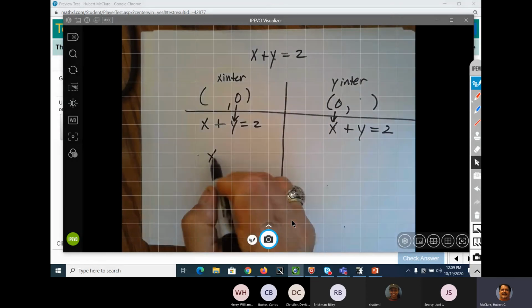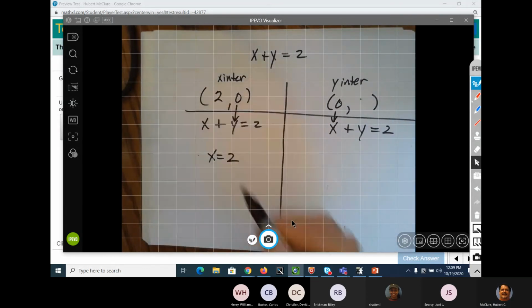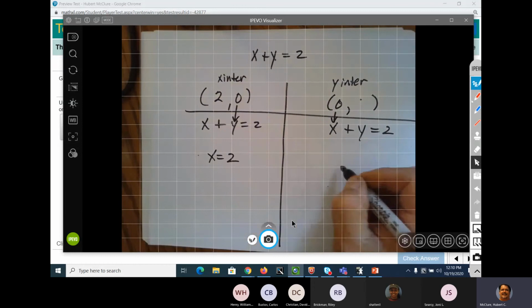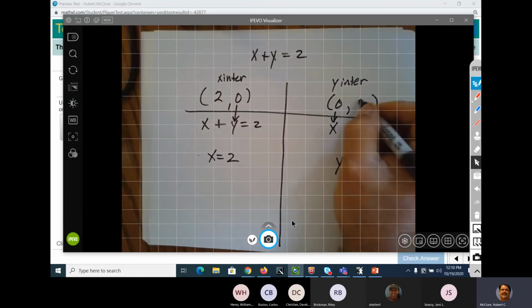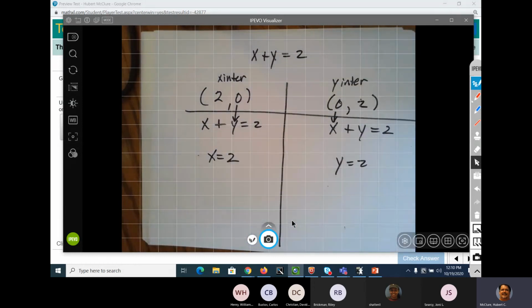So X is equal to 2. And Y is equal to 2. That's why that one was easy. You don't have to do anything, just finish it out.